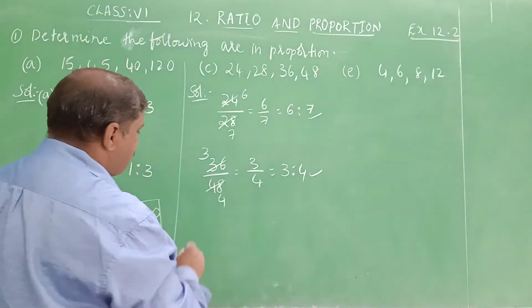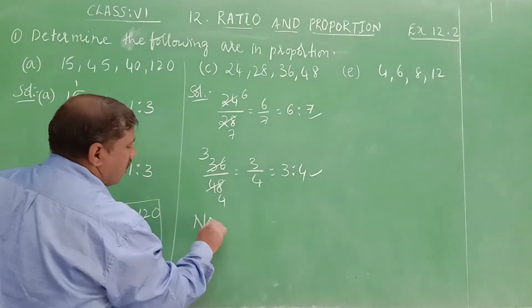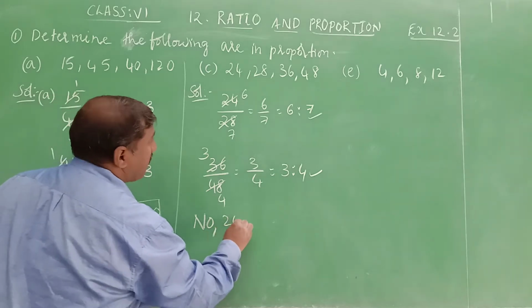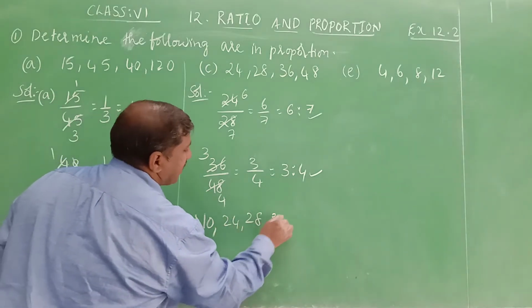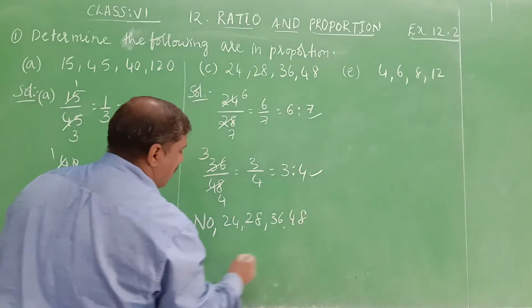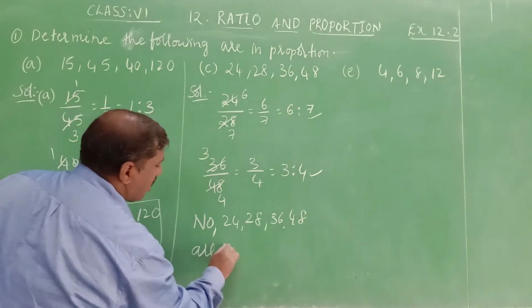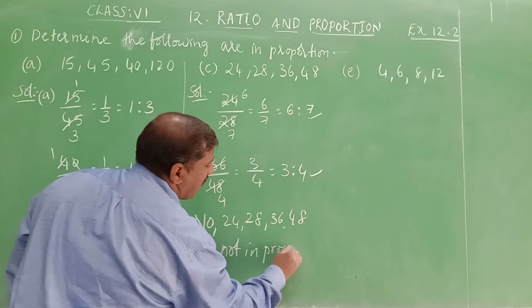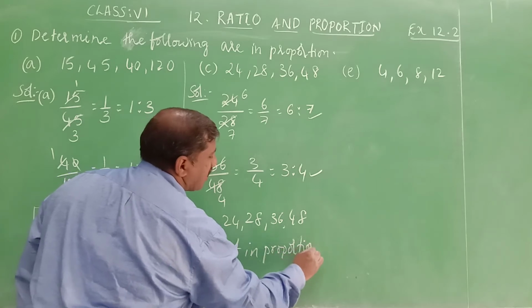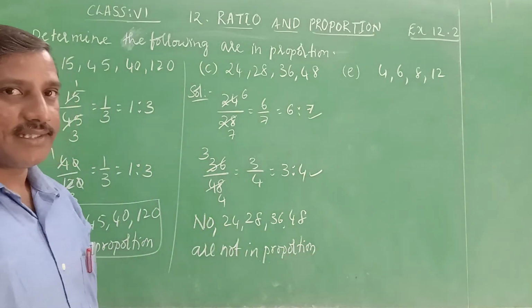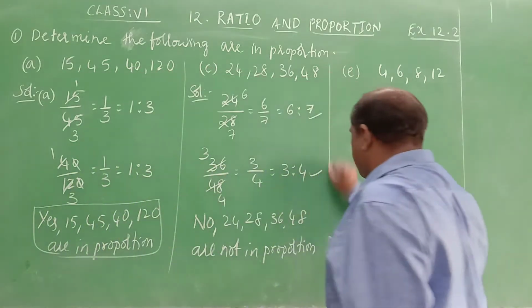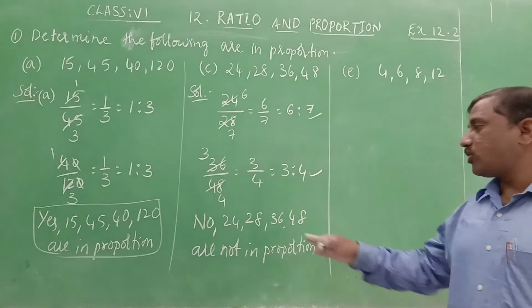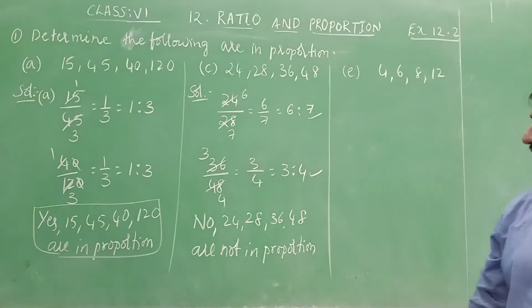Therefore, 24, 28, 36 and 48 are not in proportion. Why? Because the ratio of the first term and the second term and the ratio of the third and fourth term are different.